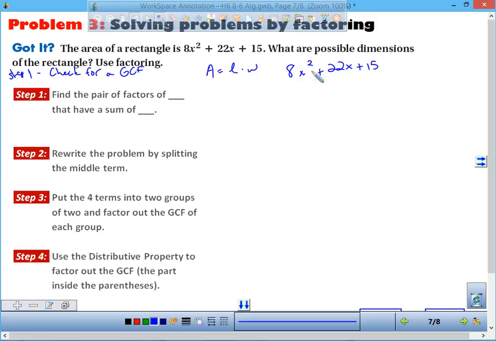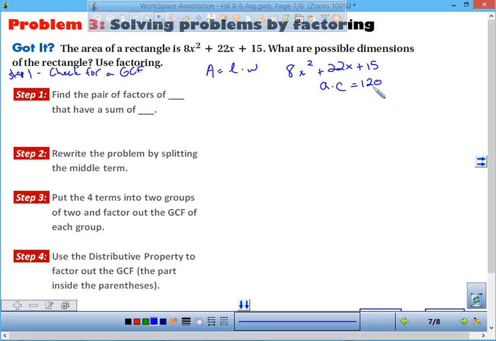Now, do I have a greatest common factor of 8, 22, and 15? I don't. So that's why in this problem they say step 1 is to multiply a times c. If there is no GCF, then you go right into multiplying a times c. That's 8 times 15, which is going to give us 120.